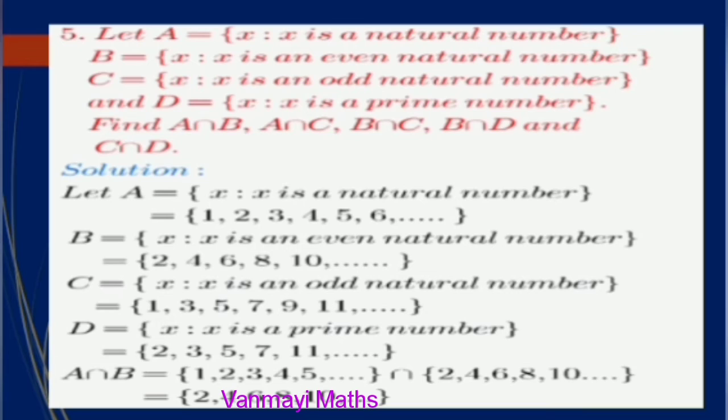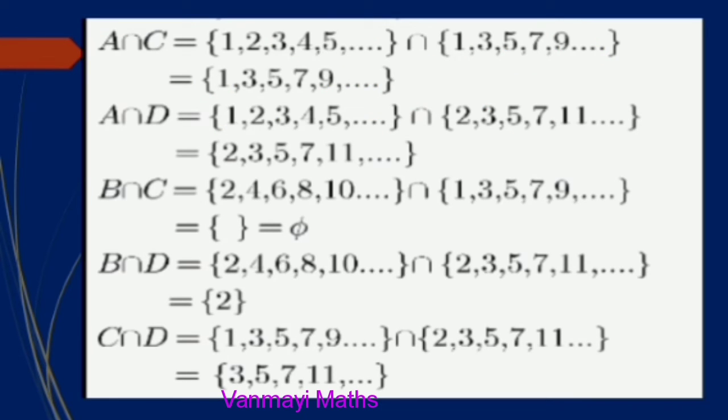So A intersection B is nothing but the common elements of both A and B. So 2, 4, 6, 8, 10 etc. So here we get the even natural numbers up to infinity. A intersection C gives 1, 3, 5, 7, 9 up to infinity.